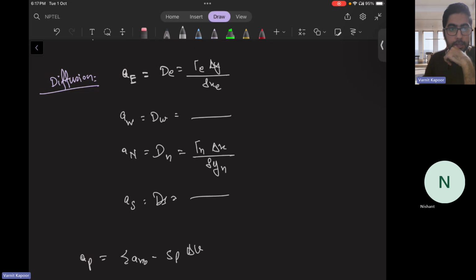AP will be summation from all the neighbors, of course, plus the contribution from the source terms, that will be V. So if the convection part Fe is positive, Fe is greater than 0, and if you look at the original equation, you will bring the convection term to the right hand side, where we have the diffusion term.